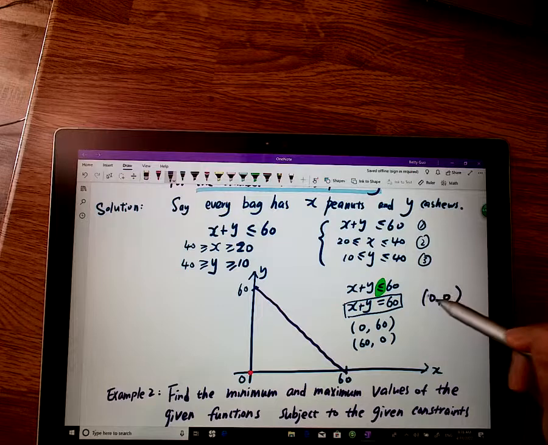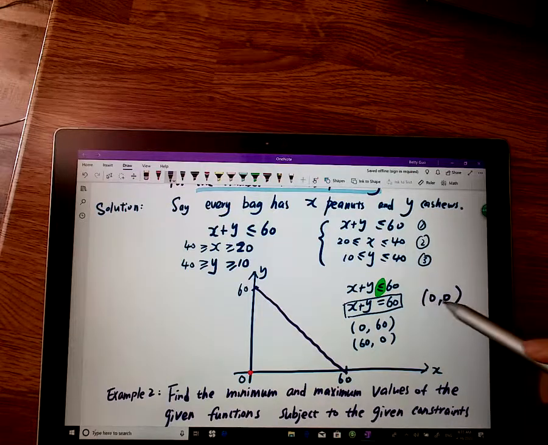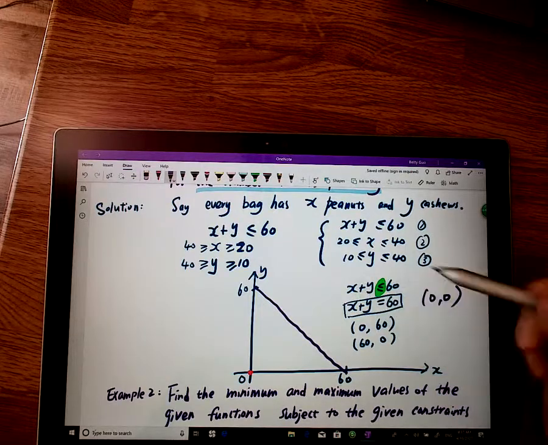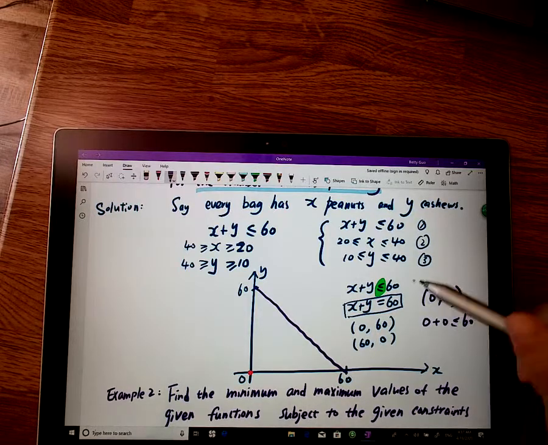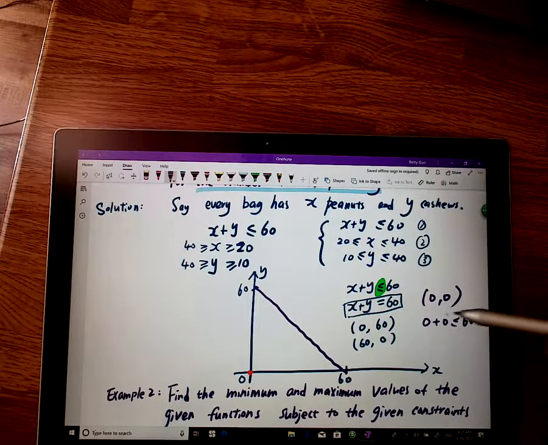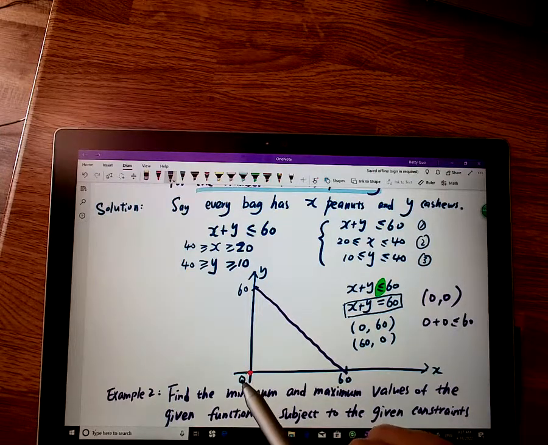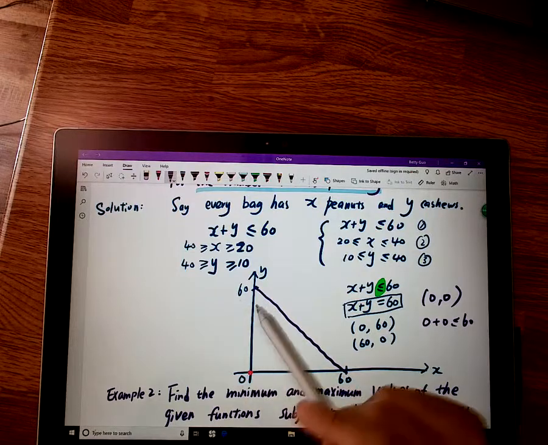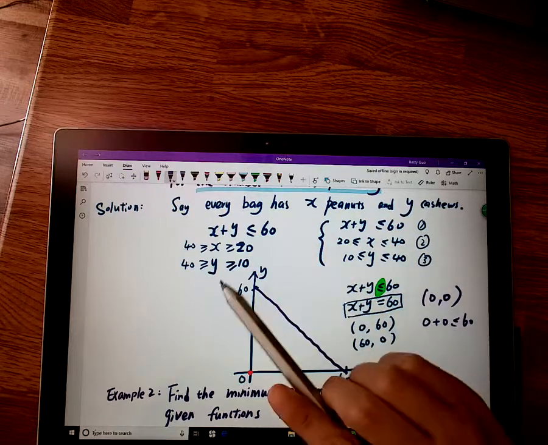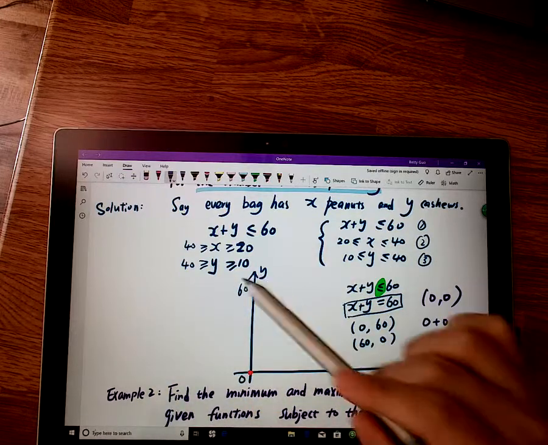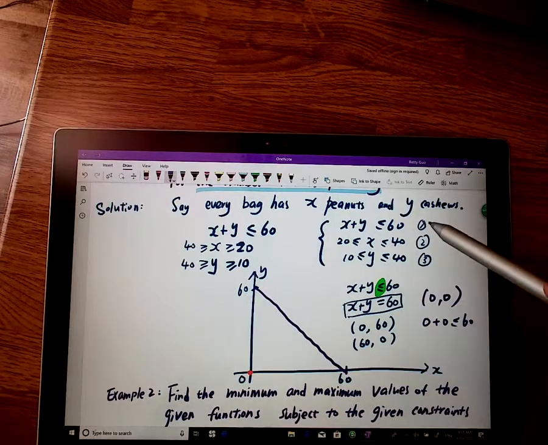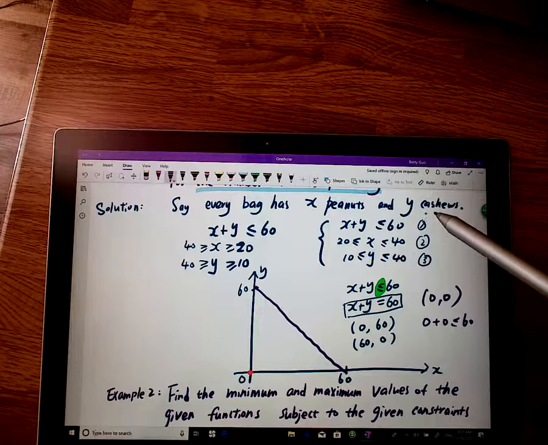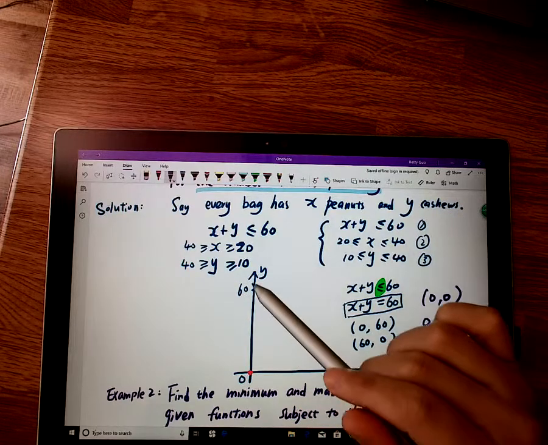If we plug 0, 0 back into the original inequality, let's see what happens. 0 plus 0 less than or equal to 60. The inequality is satisfied, which means 0, 0, the origin, is a solution. So the solution set for inequality 1 is the half plane below the boundary.